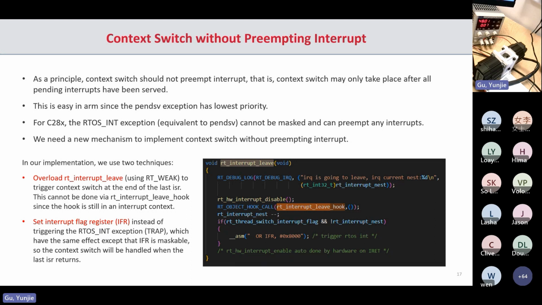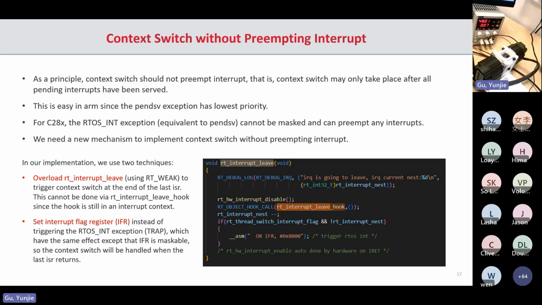But for the C28 architecture, the RTOS interrupt exception cannot be masked, and it also has no priority. That means whenever you trigger it, it cannot be stopped. This is very problematic.